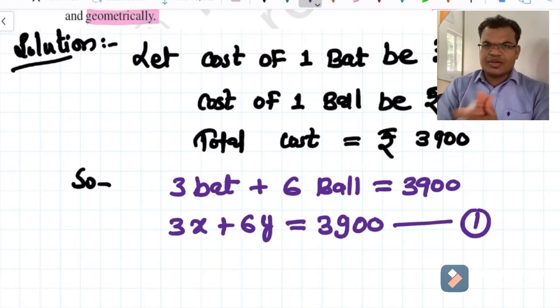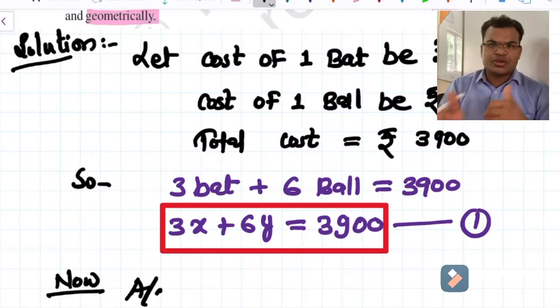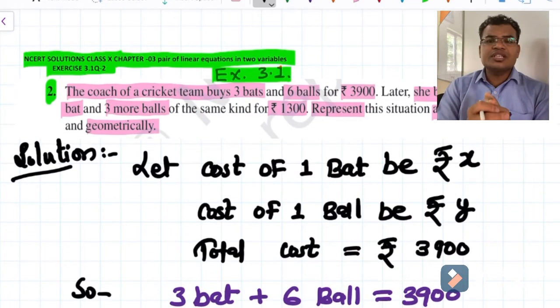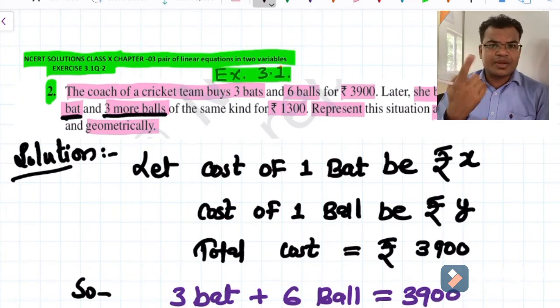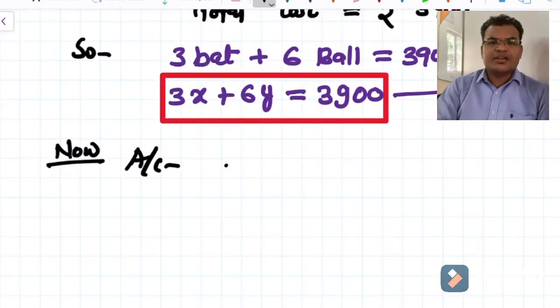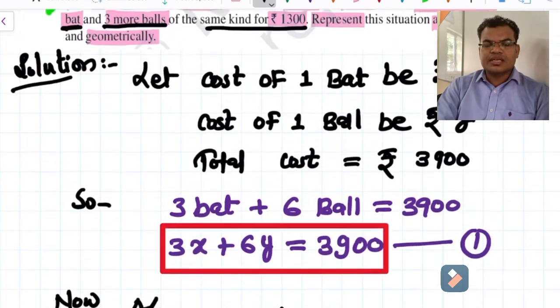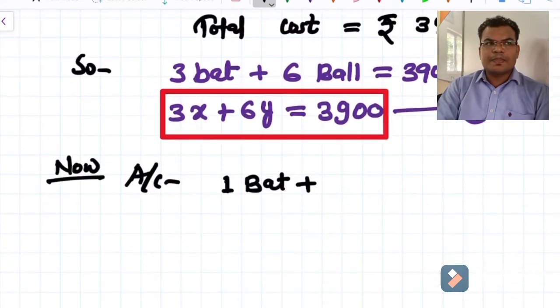So in this way we are going for the second equation also. The first equation is 3x plus 6y equal to 3900. We'll make it in a box so that it will look proper, so you can see what your equation is. Now you see the second condition. She buys another bat, meaning one bat, and 3 more balls for rupees 1300. So we can write here one bat plus 3 balls is equal to 1300.